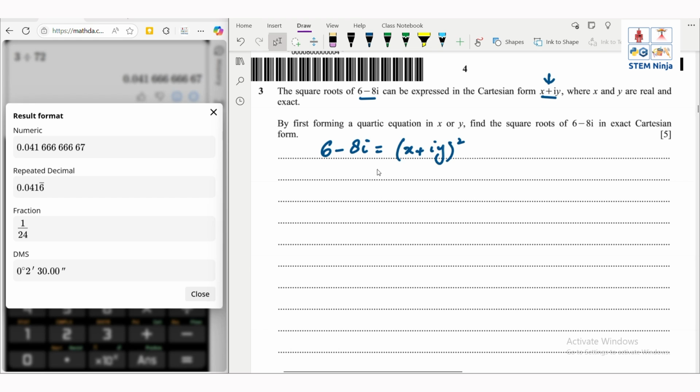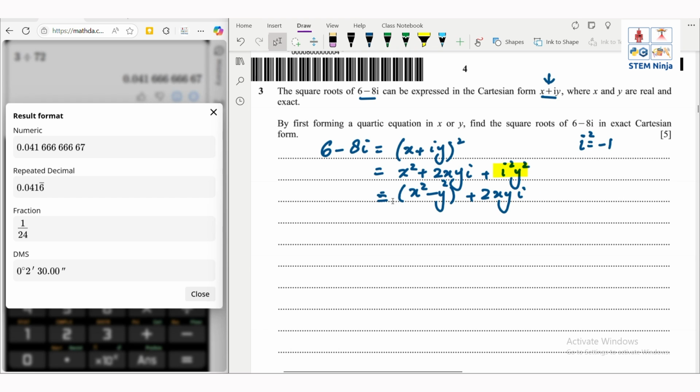So when we expand the square, we have x squared plus 2xyi plus i squared y squared. Now, i squared is equal to minus 1. So this term over here becomes negative, leading us to x squared minus y squared plus 2xyi.